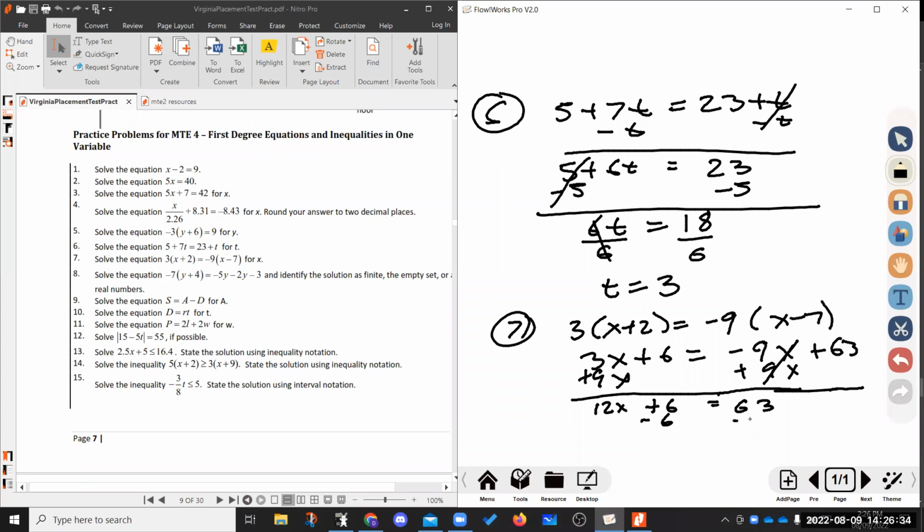Subtract 6 from both sides. 12x is equal to 57, right? Yes. And then x is going to be equal to 57 divided by 12. Both of those numbers are divisible by 3.